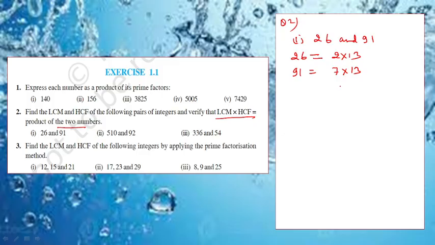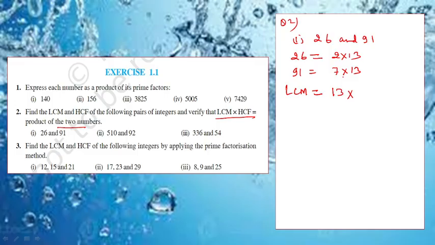Okay, 91 is 7 into 13. Now LCM, if we are going for LCM, the common factor 13 will be as it is. Common factor 13 will come here, greatest power is also 1 only.